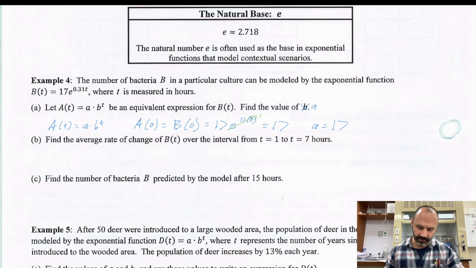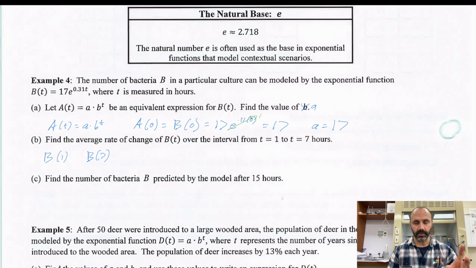It says find the average rate of change of b of t over the interval from 1 to 7 hours. Okay, average rate of change basically is like the slope. We're taking 2 points and we're just finding the slope between those 2 points. So all I have to do here is find b of 1 and b of 7.